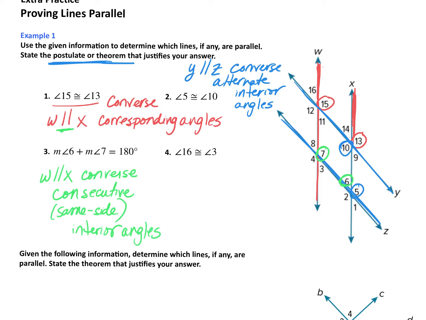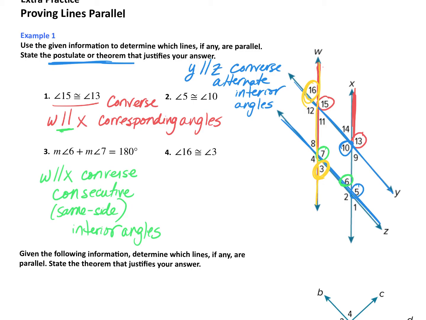And the last one we have is 16 and 3. 16 is here, angle 3 is here. So W is the transversal.